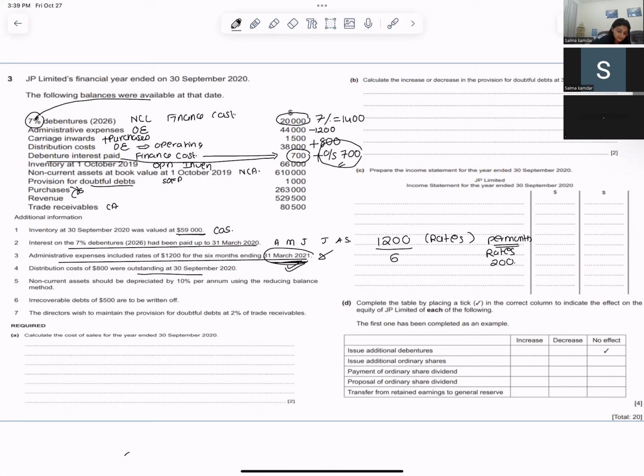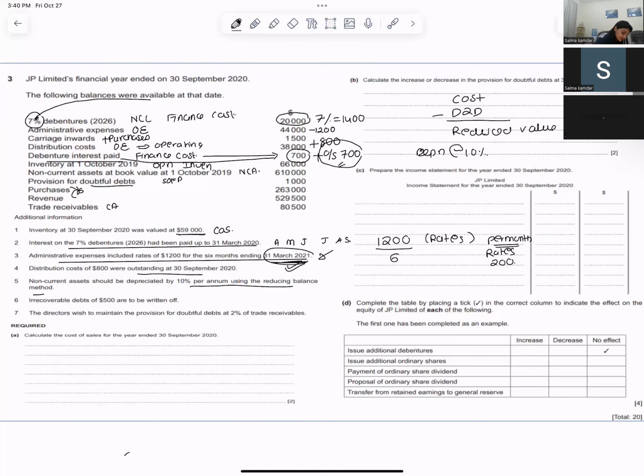Non-current assets should be depreciated by 10% per annum using the reducing balance method. What is the reducing balance method? Cost minus depreciation to date, you get the reduced value, and on the reduced value you will remove your depreciation.